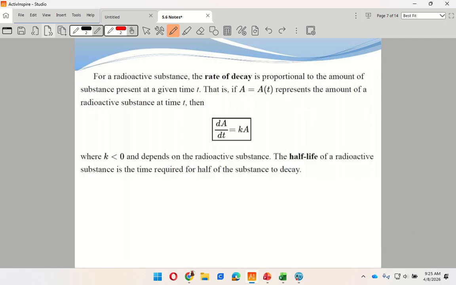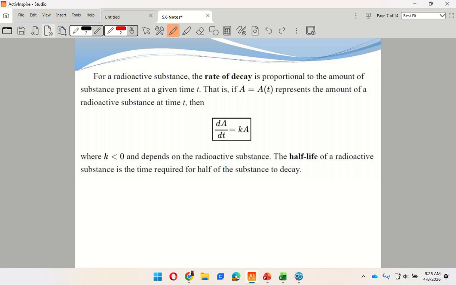So let's go here. Radioactive substance, rate of growth and decay is proportional to the amount of substance present at a given time t. If A is equal to A of t, represent the amount of radioactive substance at time t, where K is less than 0, depends on the radioactive substance.